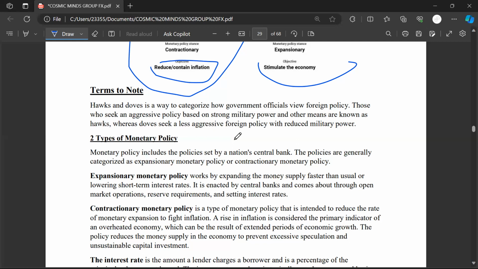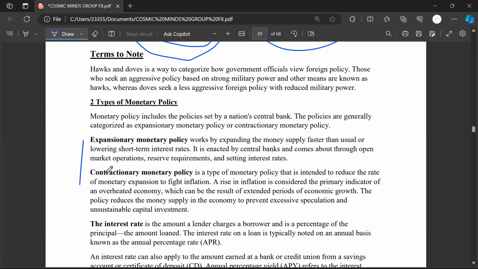Right now, the two keywords, right? The techniques that they actually use in controlling the economy are these: expansionary monetary policy, right? And then we have the contractionary monetary policy. Now let's look at the expansionary monetary one. How does it work?